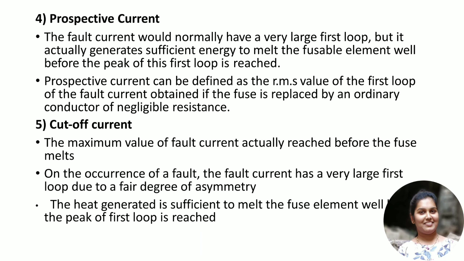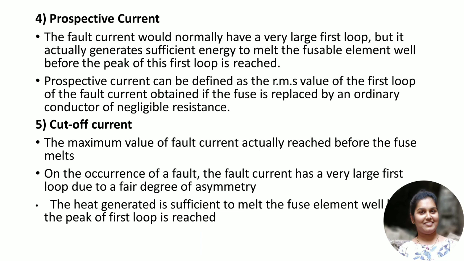So that is nothing but the prospective current. So the prospective current can be defined as the RMS value of the first loop of the fault current obtained in a fuse, and it is replaced by an ordinary conductor of negligible resistance. Okay, this is meant by prospective current.